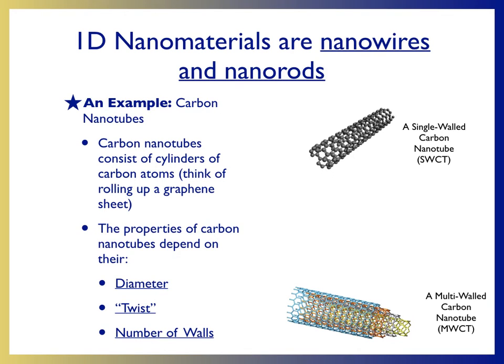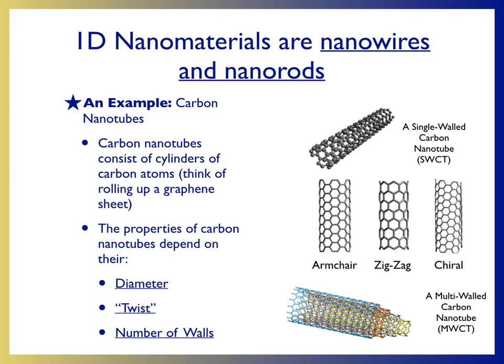However, large diameter carbon nanotubes can collapse a bit under their weight and take a more flattened shape. Twist is related to how you roll up your graphene sheet. There are 3 types of twist for a carbon nanotube: armchair, zigzag, and chiral.